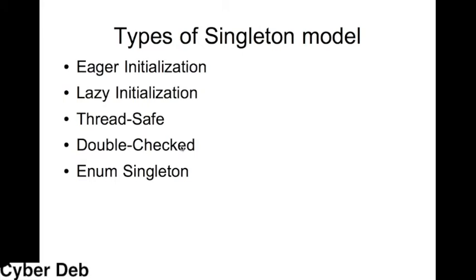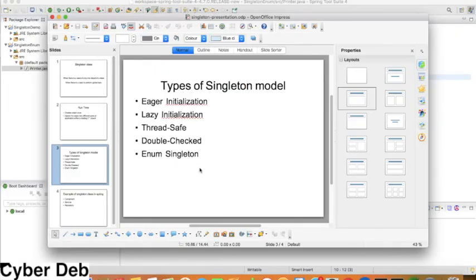So we will do one thing, we will block only the part which is creating the object of singleton class. So that can be achieved by using double checked locking.